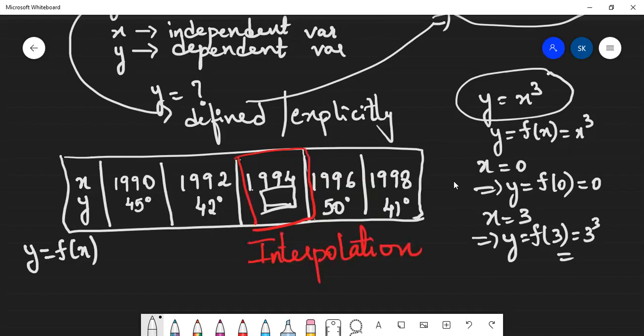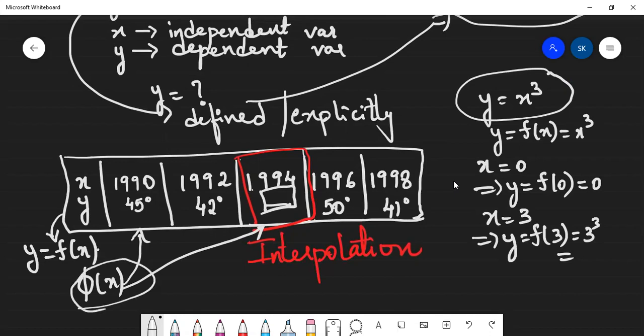So we are going to find another function phi of x. Both this f of x and phi of x satisfy the table. Yes or no? This y equal to f of x was satisfying this table. I am going to find another function phi of x, which will also satisfy the table values. In that way, I can find out the missing y values with this phi of x. This process is called interpolation.